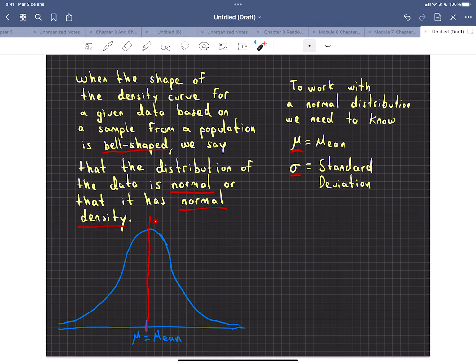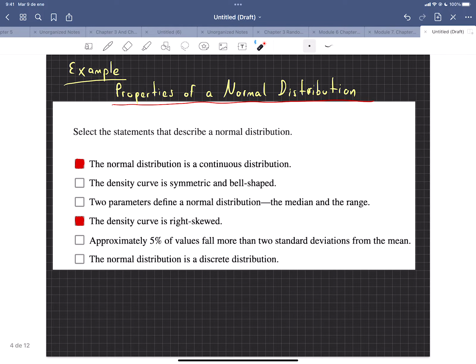That's the meaning when we say that it is symmetric. So yes, it is true. The density curve is symmetric and bell-shaped. This portion is a reflection of this portion, so this is true.